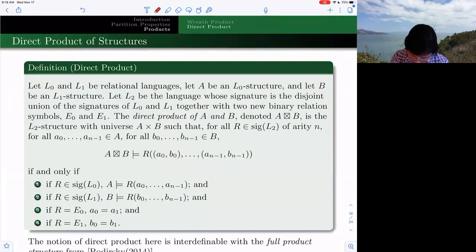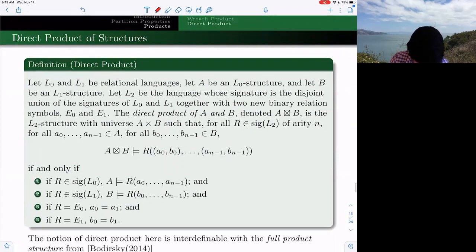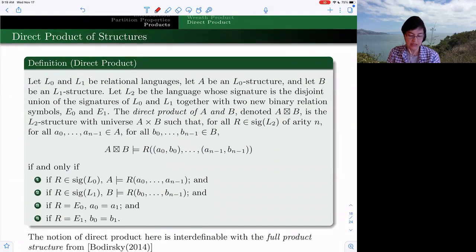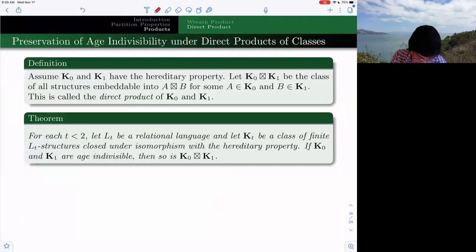Okay, so I won't be talking about the direct product of structures today, but it's coming from the full product in Wodierski, and I'll just mention that he was using that to prove this preservation of the Ramsey property for classes with strong amalgamation. And so we were just investigating preservation of age indivisibility.